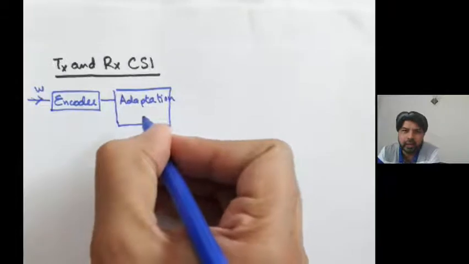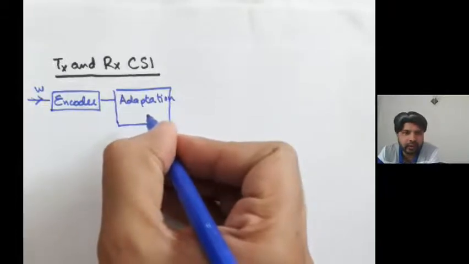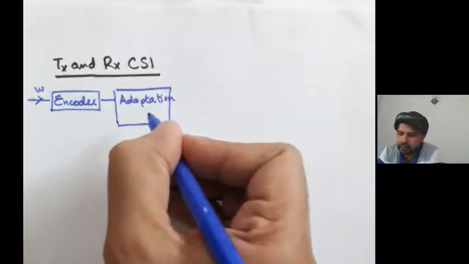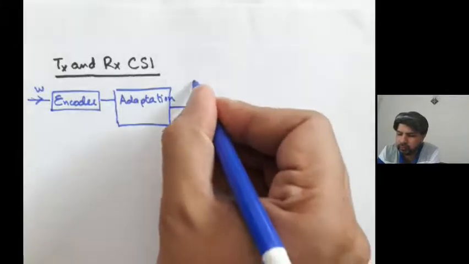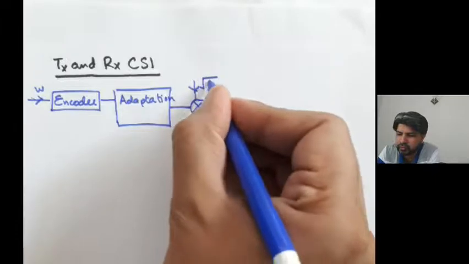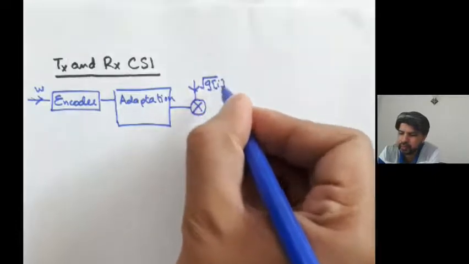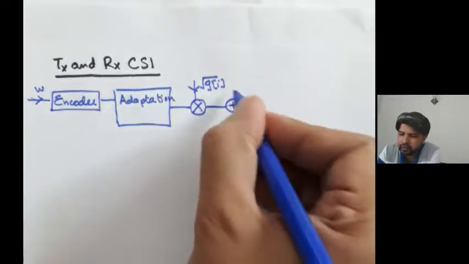So we can adapt either the rate or the power at which the signal is being transmitted. The signal would be transmitted into the channel, where it would get multiplied with the channel gain, that is root G sub I. White Gaussian noise would be added.